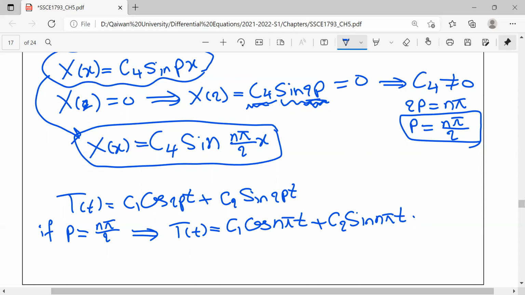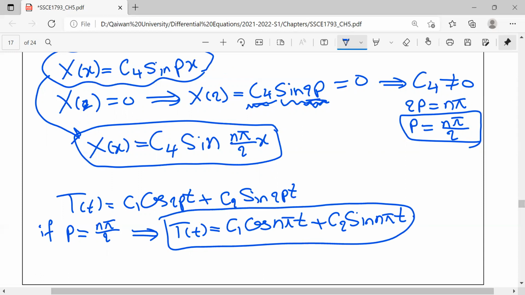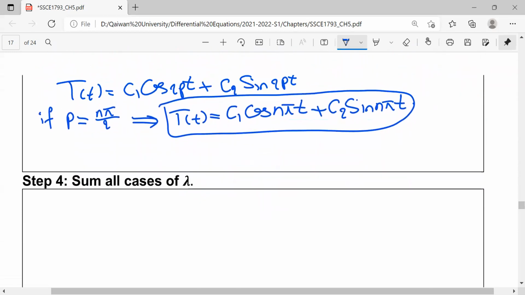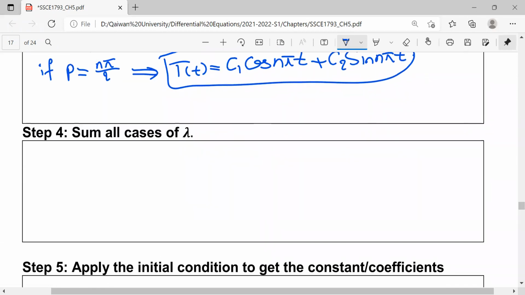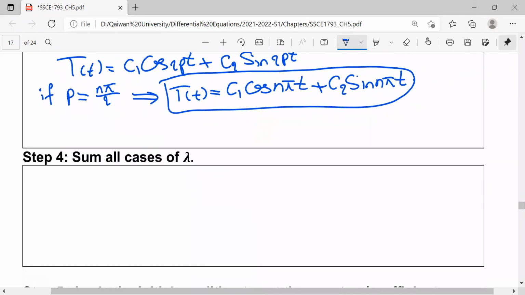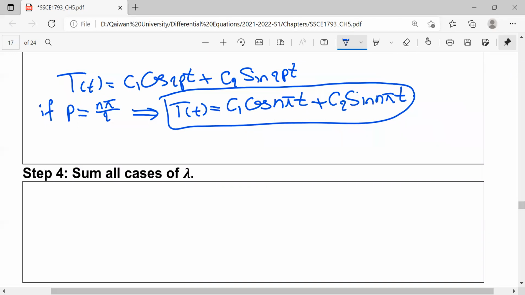This is T of t. So we have these two solutions now. But here we still have the initial conditions. We must apply the initial conditions also. So in sum, the cases where lambda is 0 and lambda is greater than 0 are not of interest.